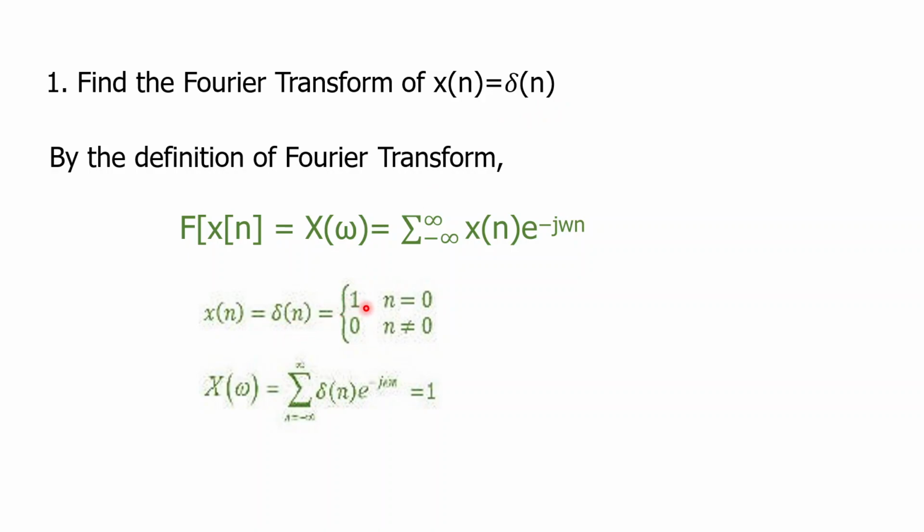Impulse is nothing but, for n equal to 0 it will become 1, for n not equal to 0 it will become 0. So if we evaluate this summation for impulse, it will exist only for n equal to 0. So put n equal to 0 here, e power 0, anything power 0 will become 1. So DTFT of impulse is 1.